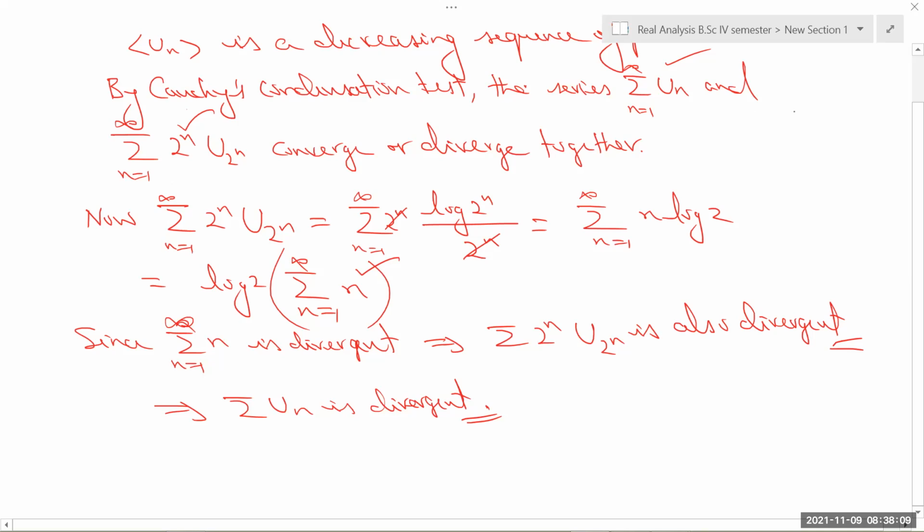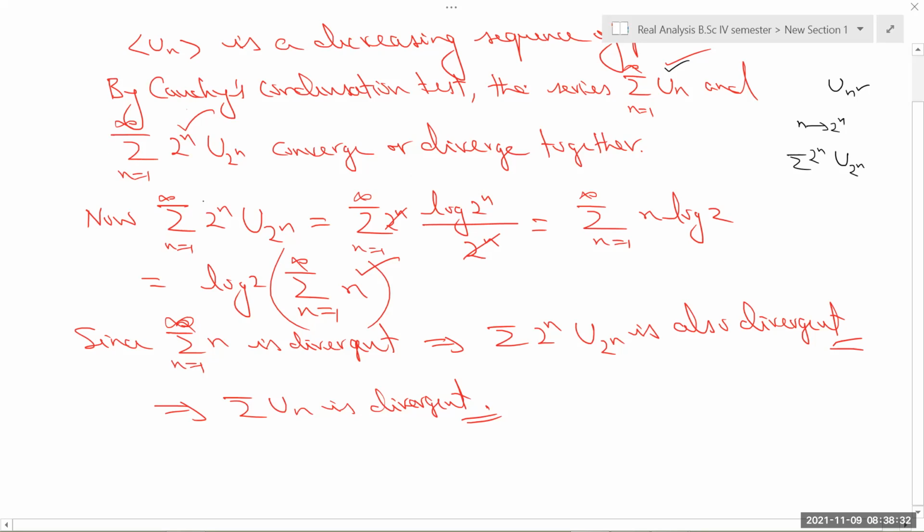So now replace n by 2 to the power n in un, and also multiply it by 2 to the power n. In this un, this n should be replaced by 2 to the power n, and we need to multiply it by 2 to the power n, and then I need to take summation.